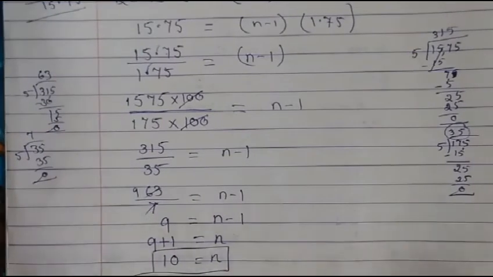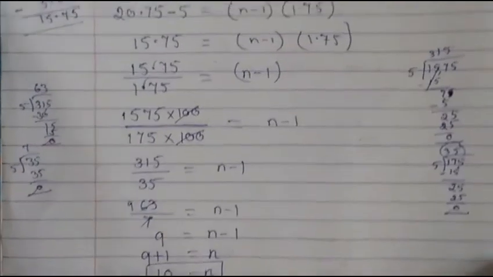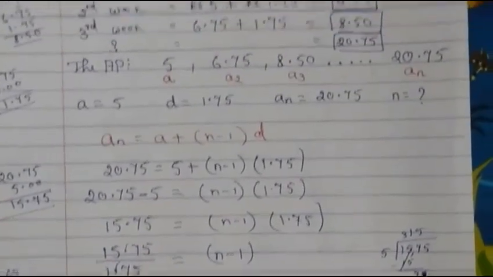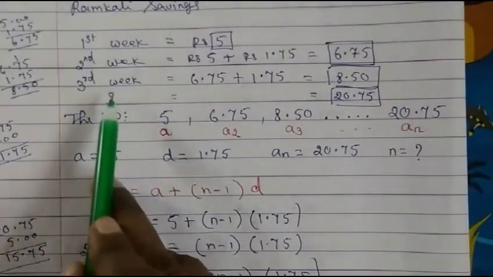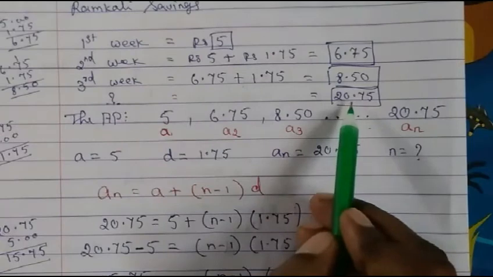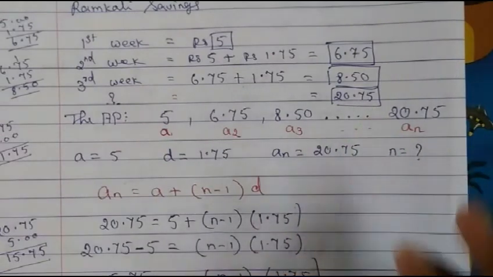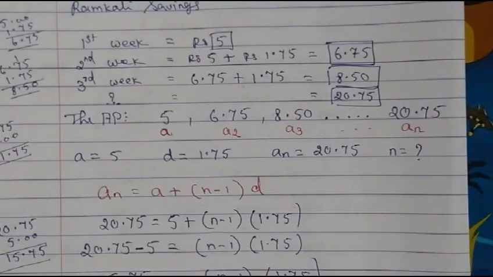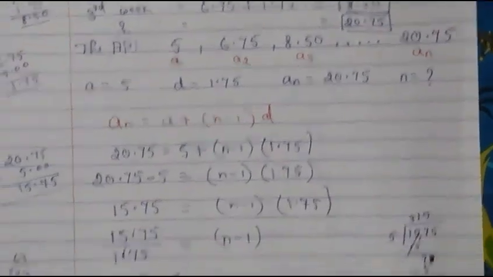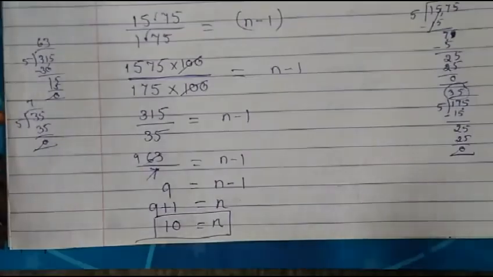So that means the 10th week. We are only finding out in which week it will become 20.75. So it is in the 10th week that Ramkali saves 20.75.